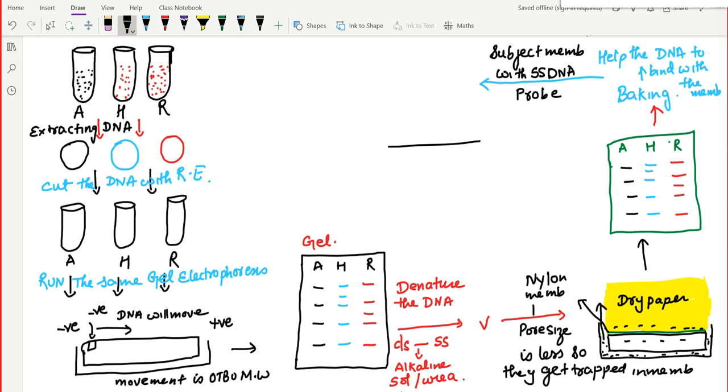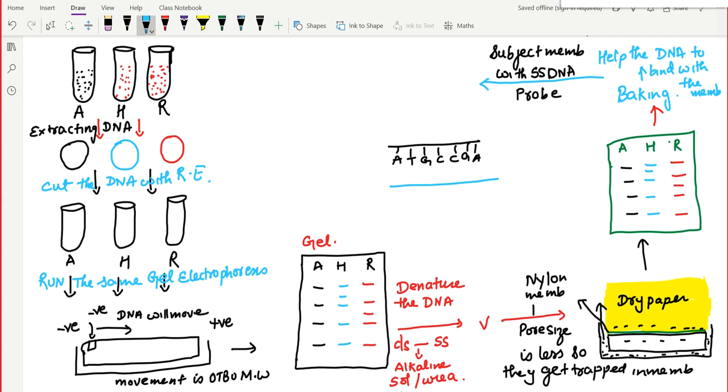Initially we have this double stranded DNA where we have the repetitive sequence, and we know the repetitive sequence. For example, A, T, G, C, C, G and A. This is the sequence which is getting repeated. We're going to synthesize a complementary DNA strand of this one. As a result, there will be a band which will be present here.